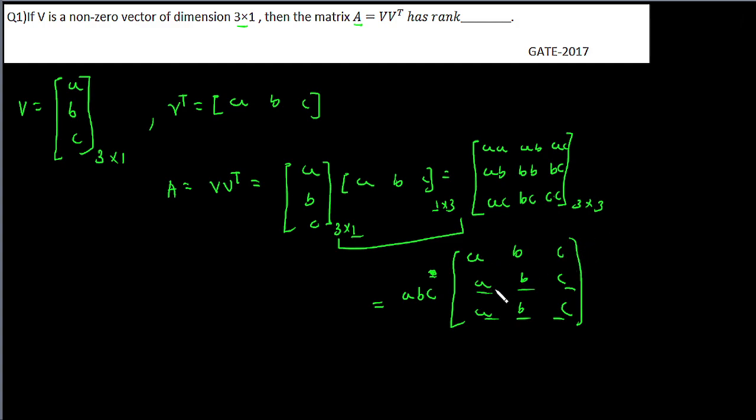So we can say that the rank of matrix A is simply 1, because only one row is linearly independent, but these two rows are linearly dependent on this row. So the rank of this matrix will be 1.